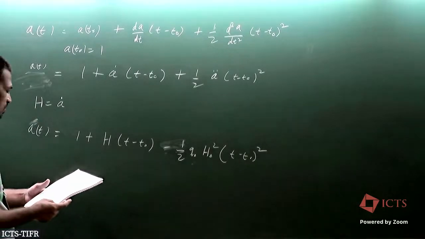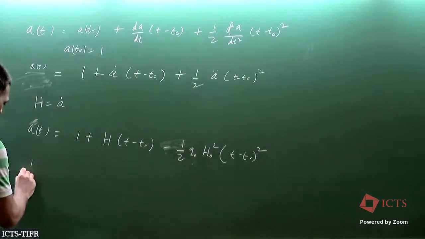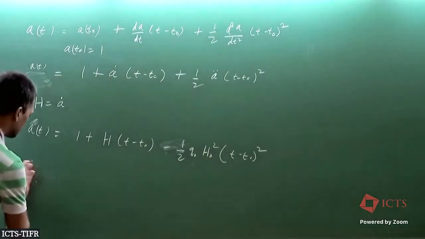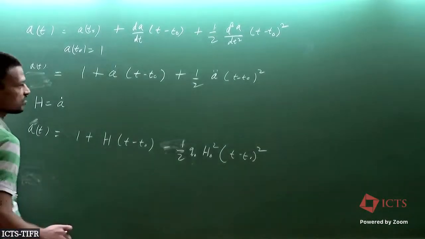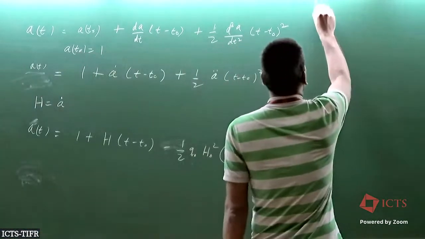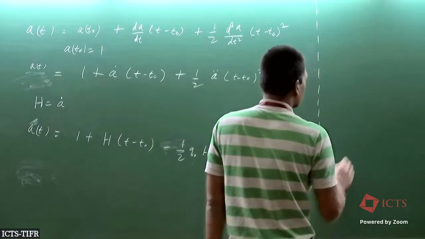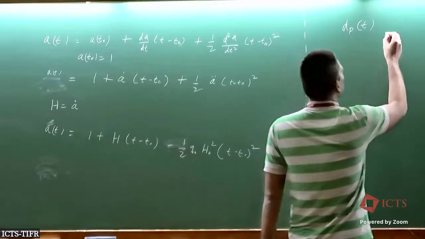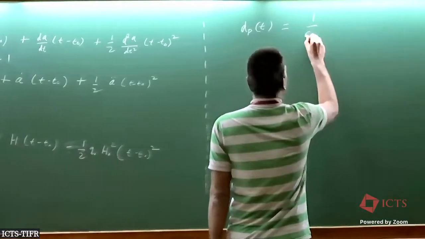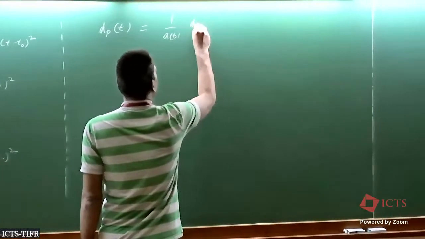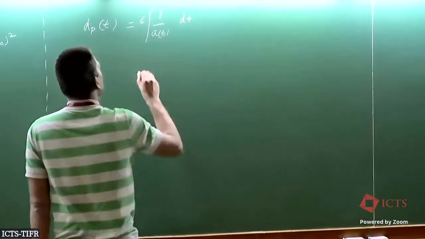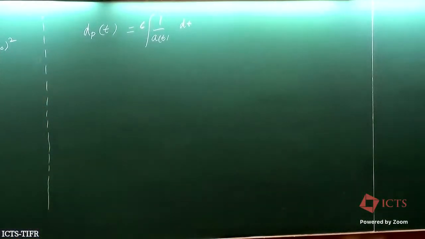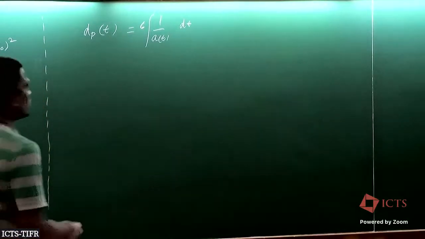So now I can do the small approximation. Why do I want to write 1 over a(t)? One thing you want to figure out, let's say I can observe the proper distance of objects, d_p(t), is going to be given by, this comes from the FRW equation, right? Essentially, proper distance is the integral of the scale factor.